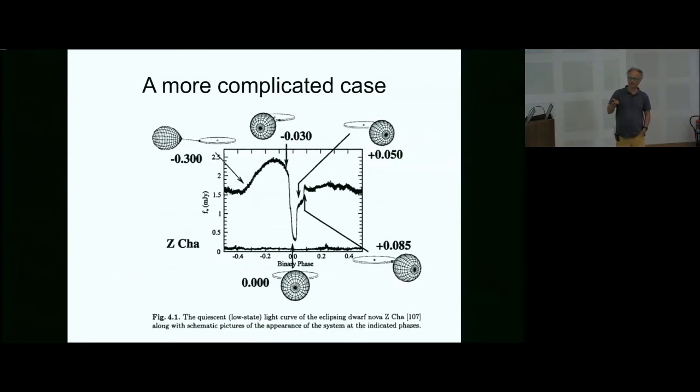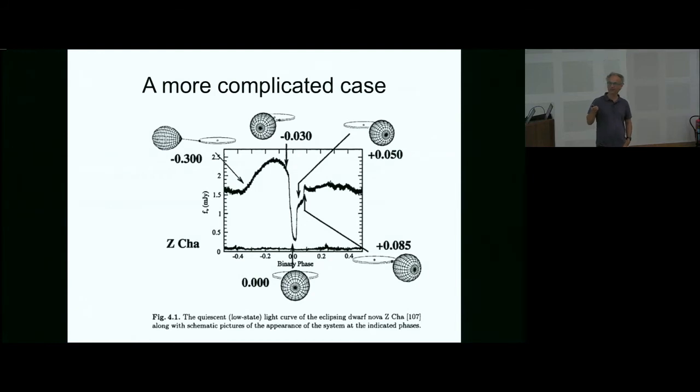So this is the light curve that people observe. And it has always impressed me how you can go from a light curve like that to a complicated model like that with so many pieces that fit the physical information we have.